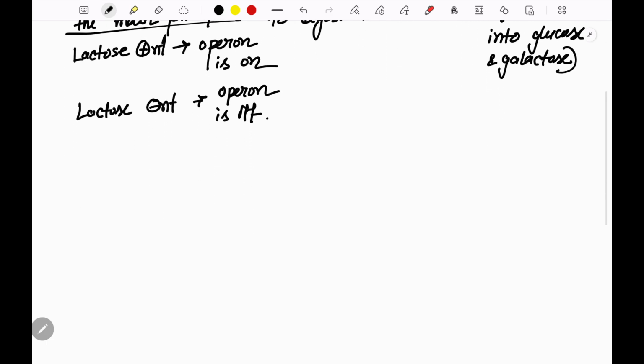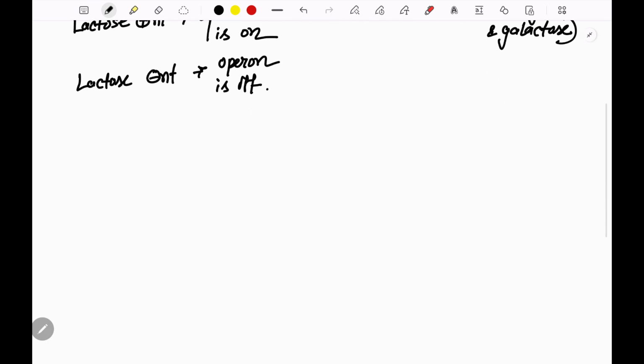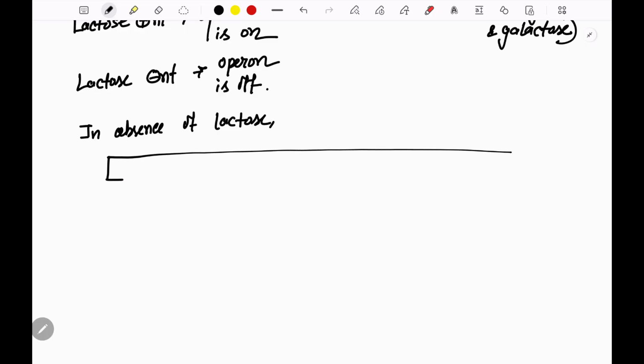So now we will see what happens in absence of lactose. So we will first draw the gene, the portion of our DNA.